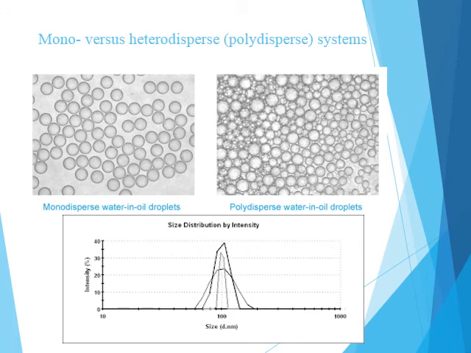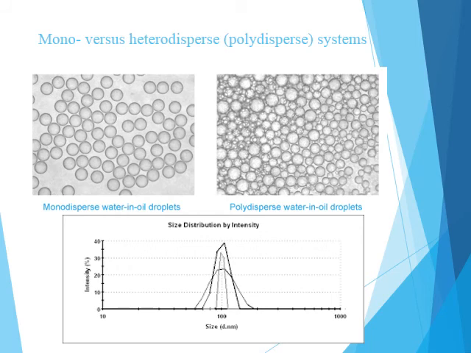Now, if we try to analyze monodisperse and heterodisperse systems using, for example, the zetasizer or something similar, we will get different peaks. For a monodisperse system, the peak will be small and very sharp.